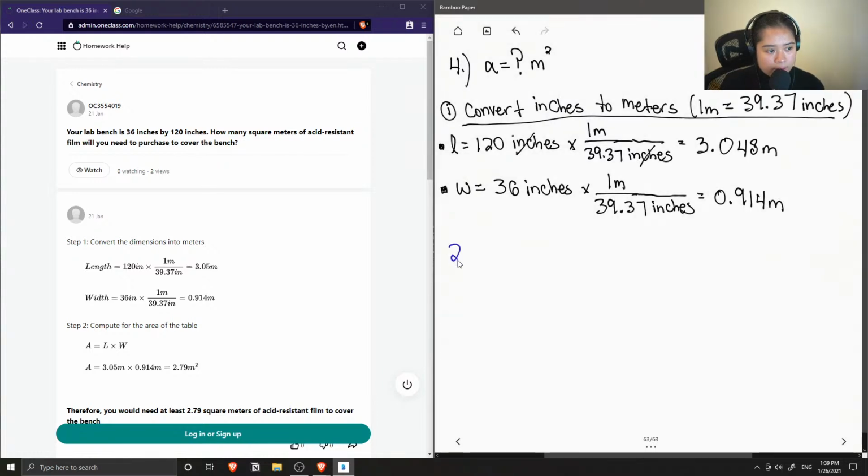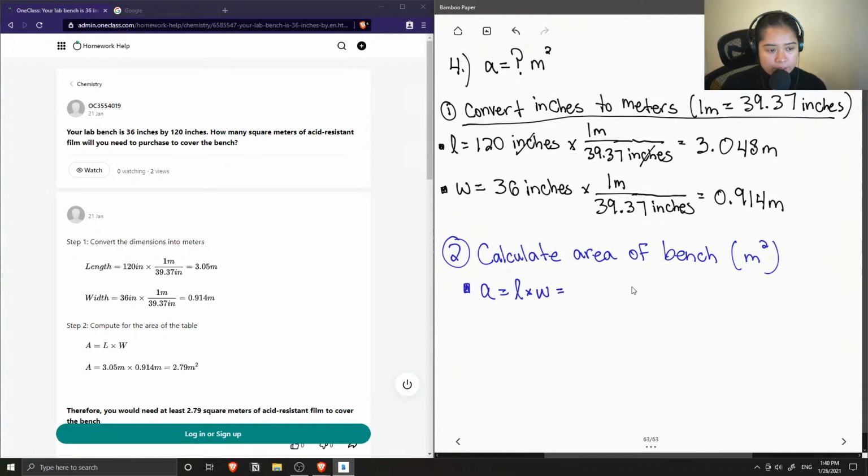So now the second step is to then calculate the area of the bench in meters squared. Okay, so it's just basic math. We know that area of this bench is equal to length times width.